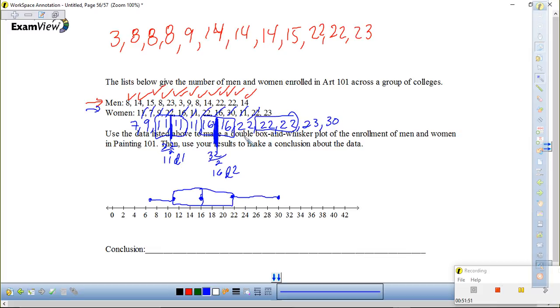Okay? So now that I have those, let's do the second one. What's the median for this data? 14. So that is my Q2, 14, which is right there. For the lower half, what is my Q1? 8. Q1, 8, is about right there. What about Q3?